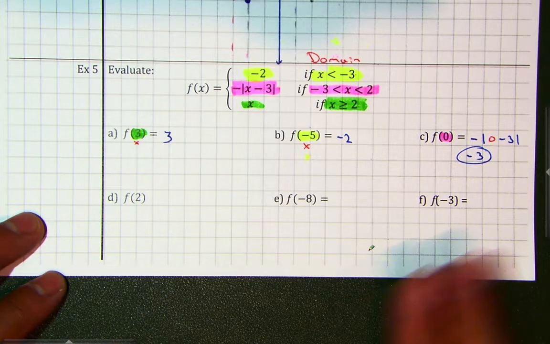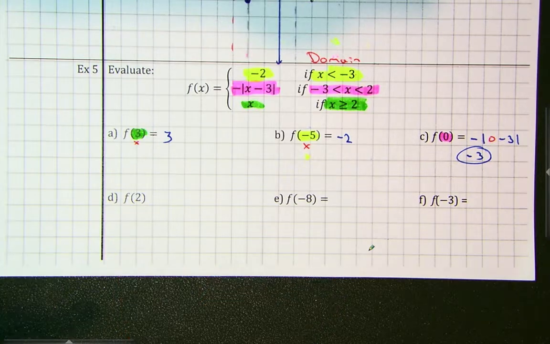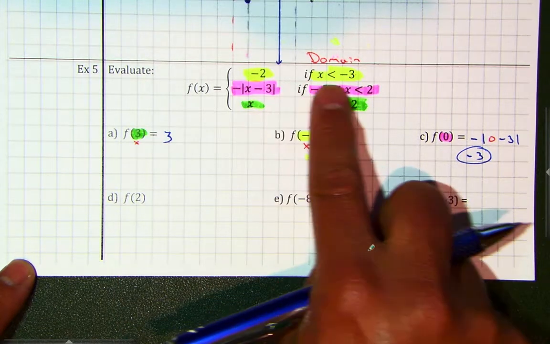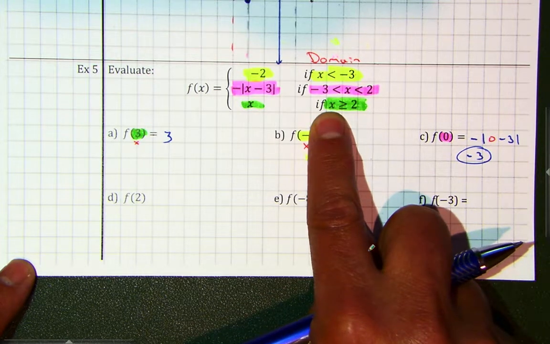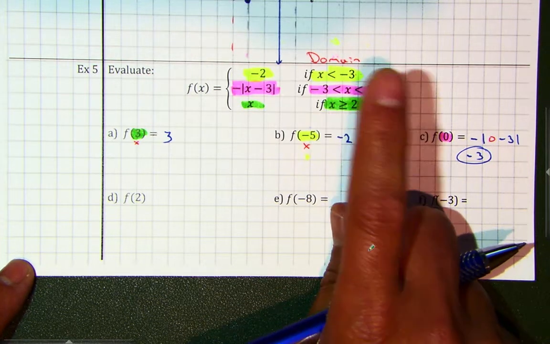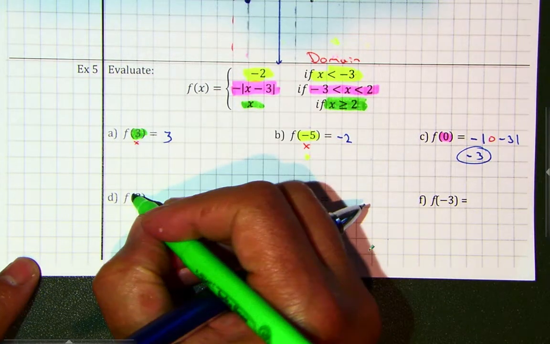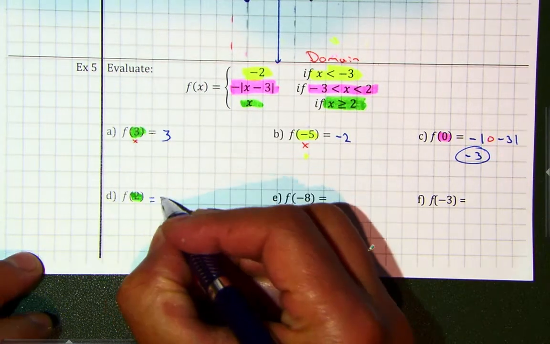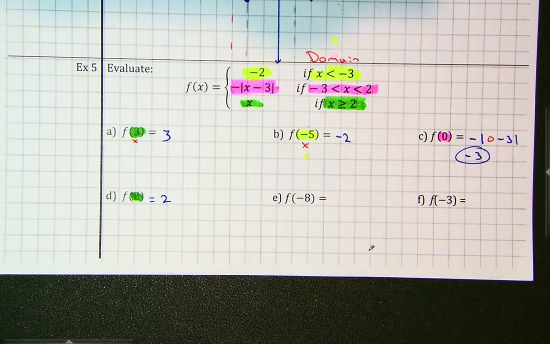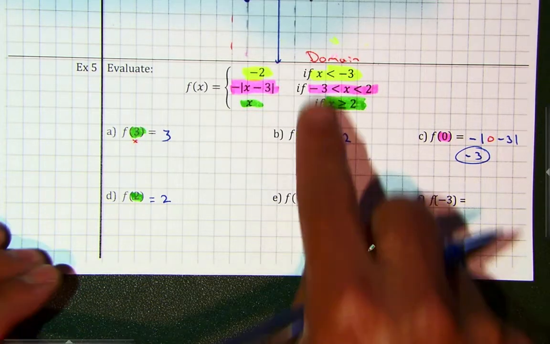Going positive? Excellent. So f of 2. Where does the 2 belong? The 2 belongs to either the pink or the green part. Which piece? Correct, it belongs on the green. So therefore, you plug in a 2, it gives you 2. -8 belongs in the yellow piece.